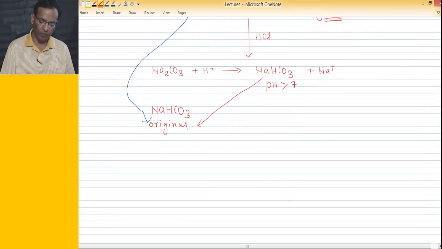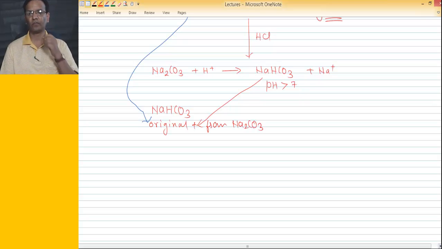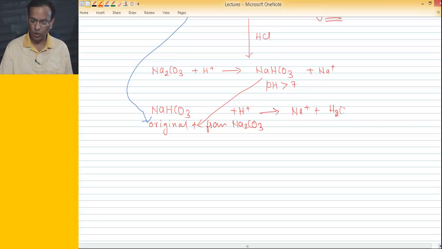So original plus from Na2CO3. Now if we add H plus further, what will happen? It will be neutralized further into Na plus and H2CO3.